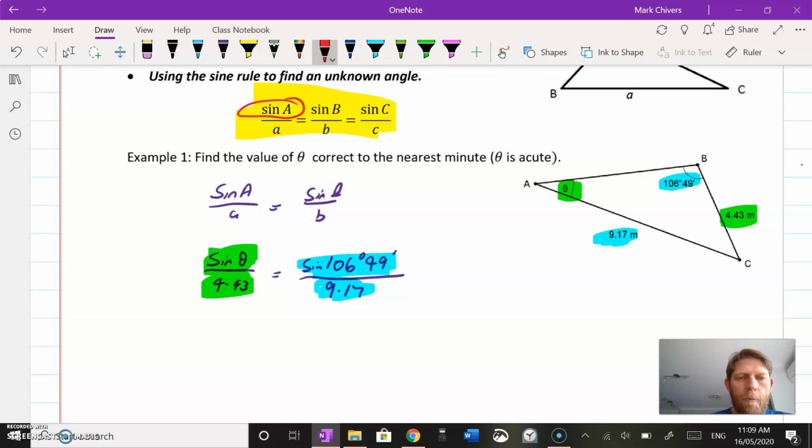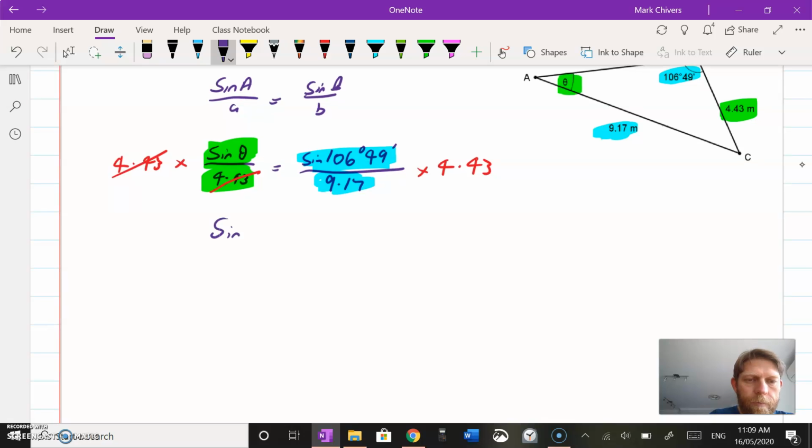And much like yesterday, we want to get rid of this denominator. If I multiply this side by 4.43, those two cancel each other out, leaving just sine theta. But whatever I do to one side, I've got to do to the other, so I'll multiply that by 4.43. We end up with sine theta equals sine of 106 degrees 49 minutes over 9.17 times 4.43.